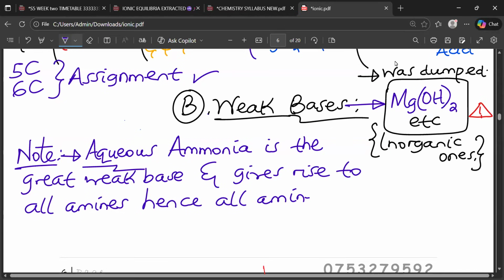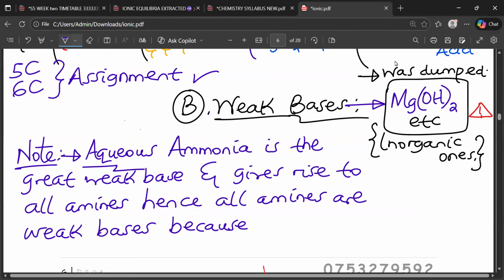Hence, all amines are weak bases, because ammonia is their father.